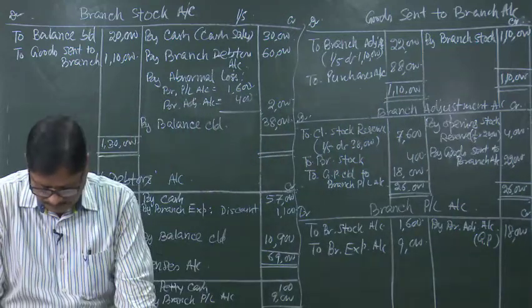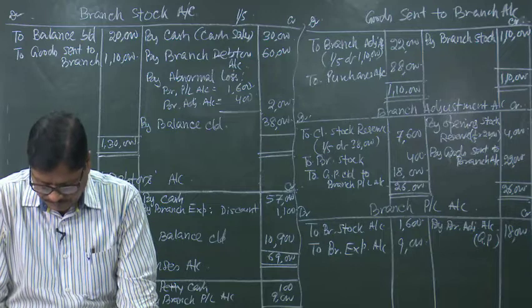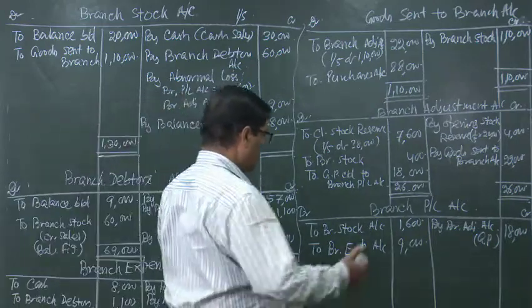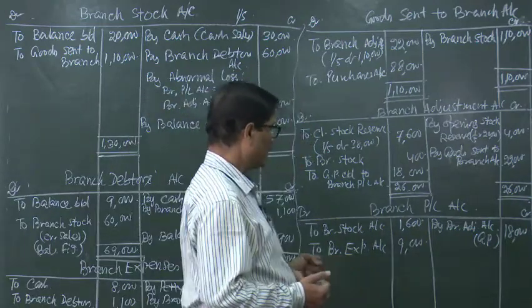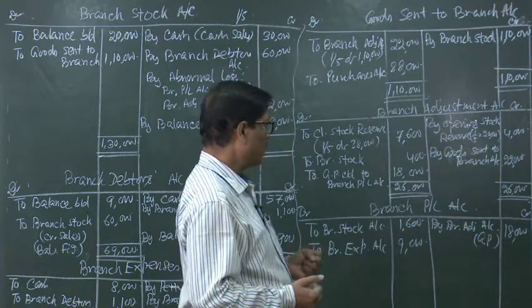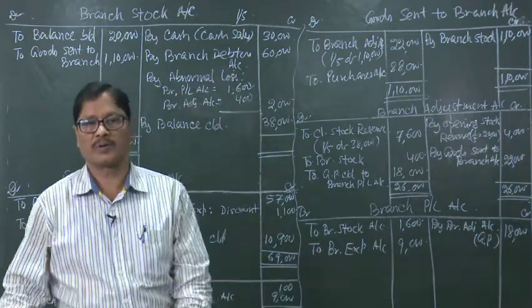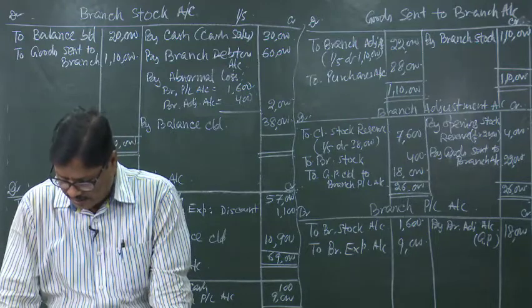Then the balance which we will be getting will be the net profit, which will be transferred to general profit and loss account.